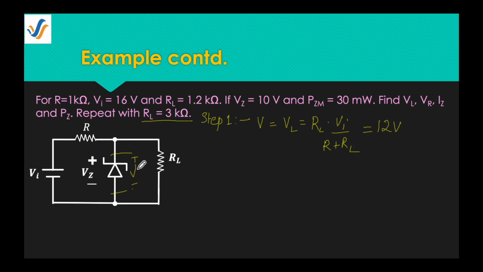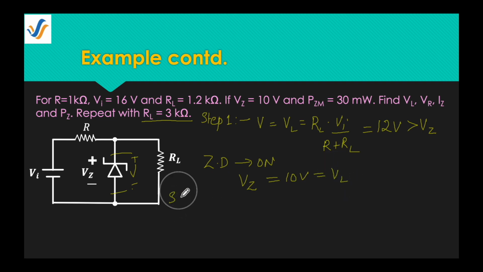Now the voltage drop is 12 volt, which is greater than the Zener voltage, which means the Zener diode is active, it is on. And when the Zener diode is active, it will pass the maximum current while maintaining a constant voltage drop, and that constant voltage drop is the Zener voltage, which means that it will consistently give an output of 10 volt.